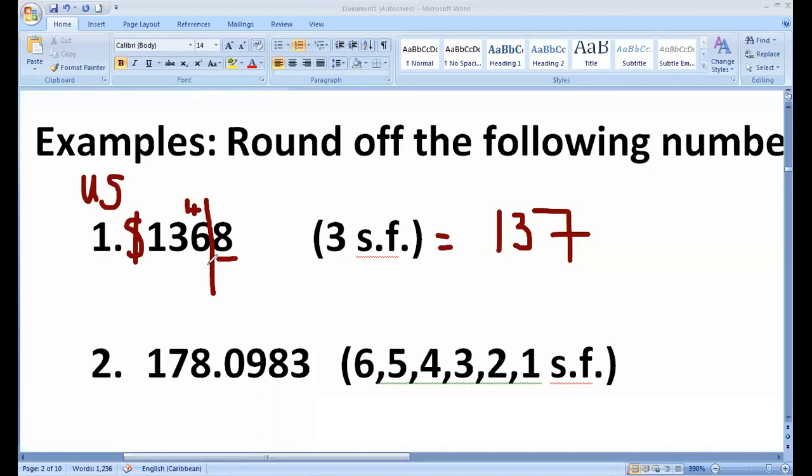All right. And you rounded off 1,368. Would you get 137 US dollars? Impossible. So therefore, we put a what? A placeholder there. So when you round it off, it will be 1,370. Right? Everybody get that?